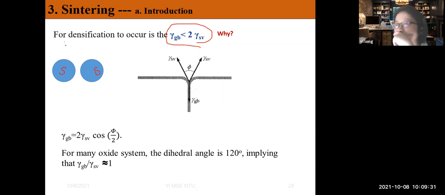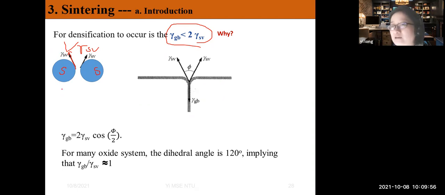Outside is vapor phase, which means the vapor and the solid are going to have a surface tension here. This is gamma, and because it's happening between a solid and vapor, we put gamma SV here.